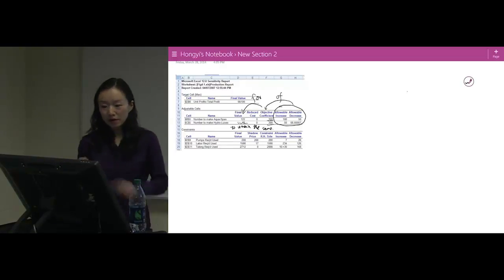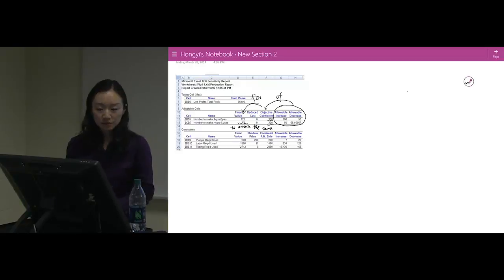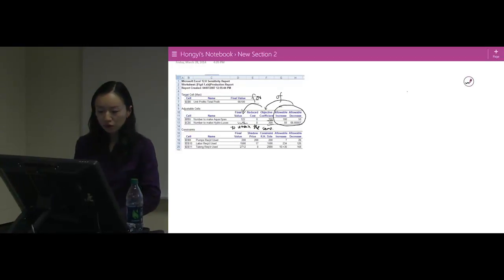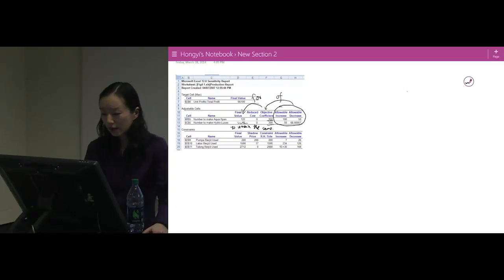If you remember it this way, it's easy. What do these values represent? And then a special case.